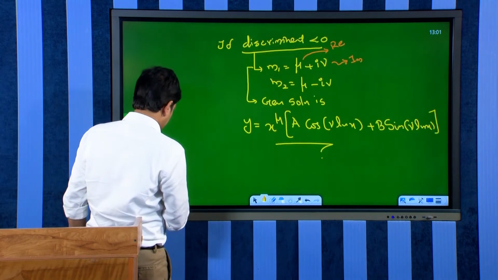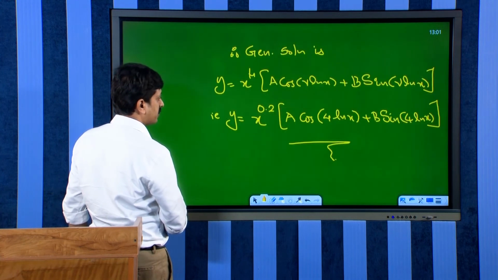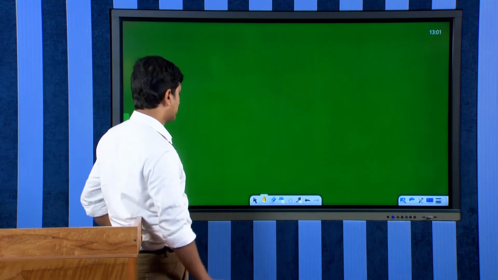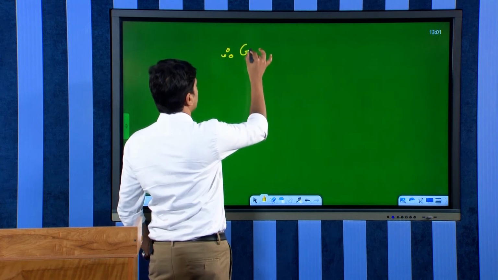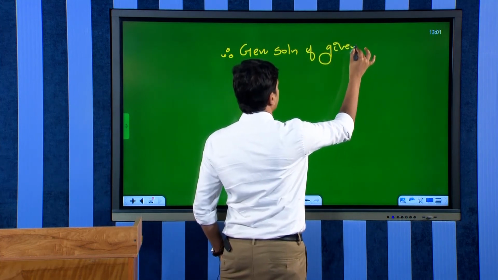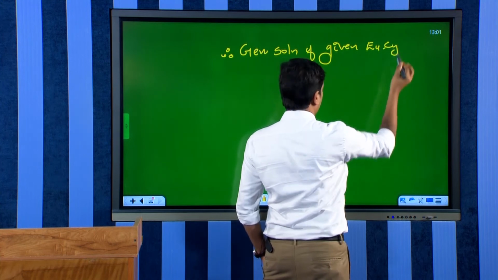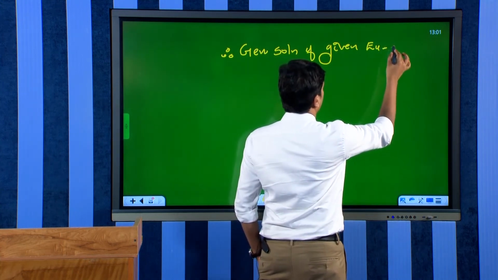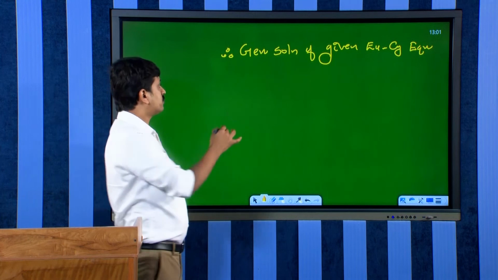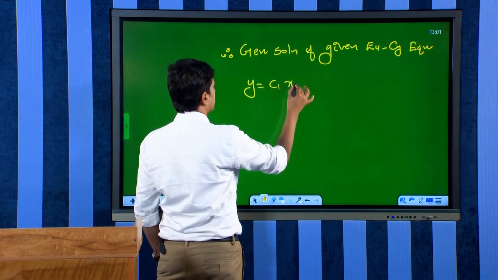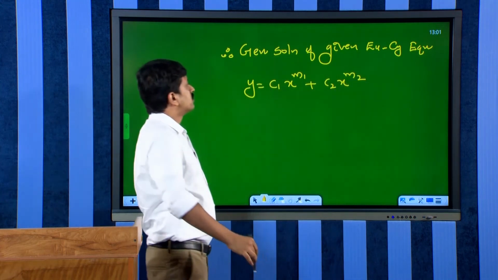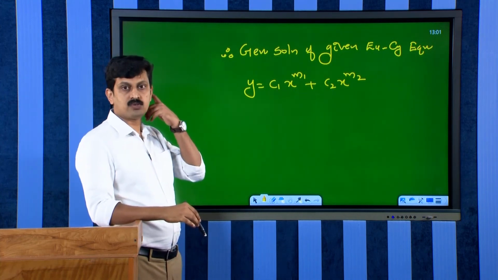Therefore, the general solution of the given Euler Cauchy differential equation is y equal to C 1 x raised to m 1 plus C 2 x raised to m 2.